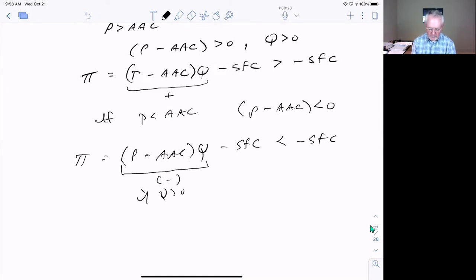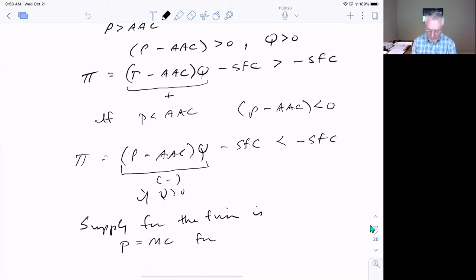So that's why we said that our supply for the firm, and this is what we want to do today, supply for the firm in our supply curve is going to be price equal to marginal cost for price that is at least as great as minimum average avoidable cost, and its output equals zero if price is less than minimum average avoidable cost.